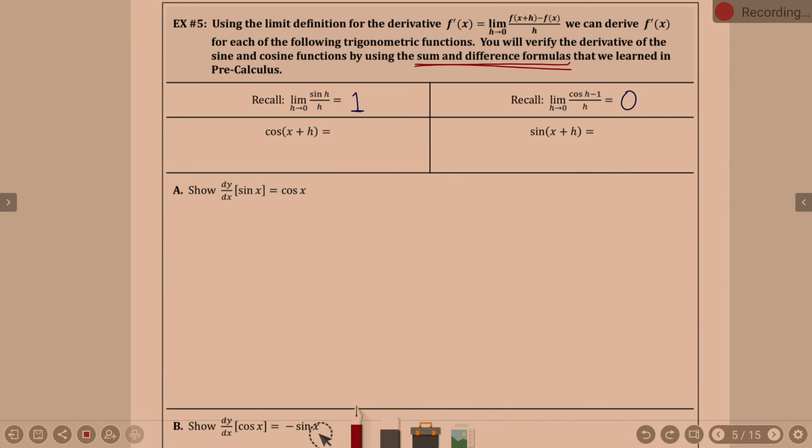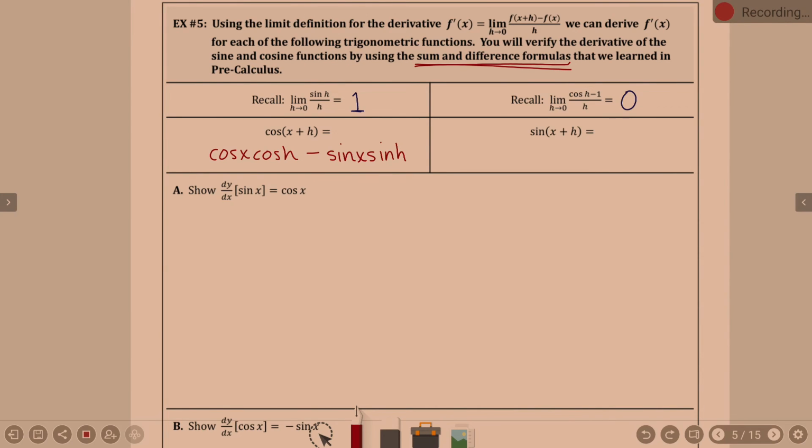This was sum and difference identities, lesson 5 point something or other. Cosine of x plus h is cosine x times cosine h, opposite sign, so minus sine x sine h.